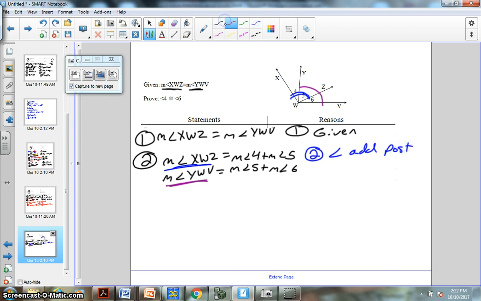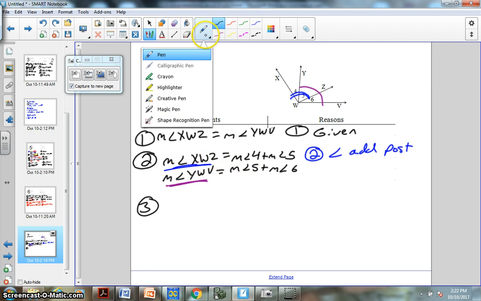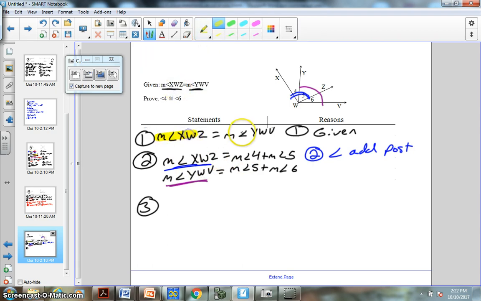Okay. All right, next I need to start trying to create a relationship between 4 and 6. So I'm going to have to find some way to set these equal. Well, I guess it's nice that I'm given this statement, because I think I'll just start there. I'm going to plug in my measure of angle 4 and measure of angle 5 into XWZ.